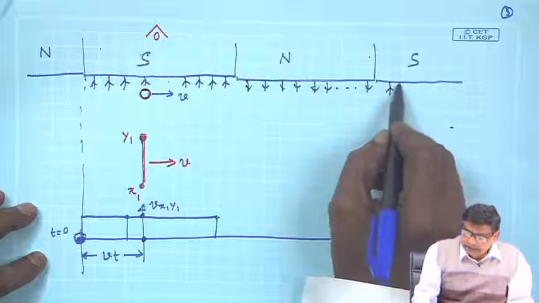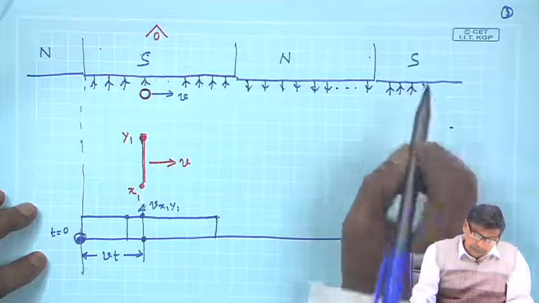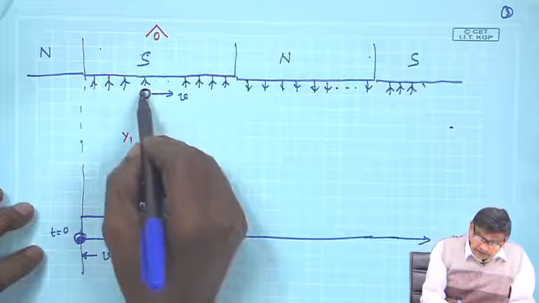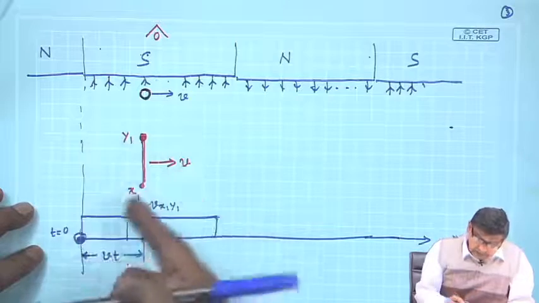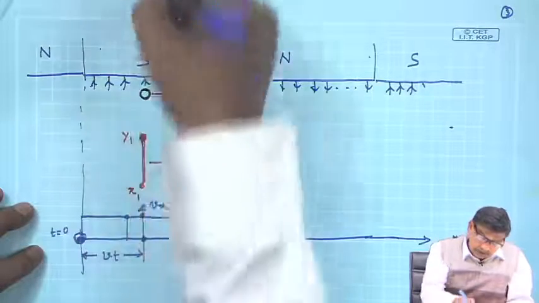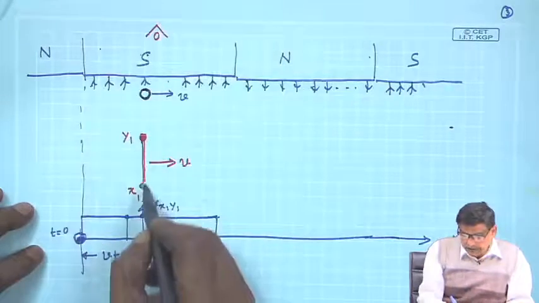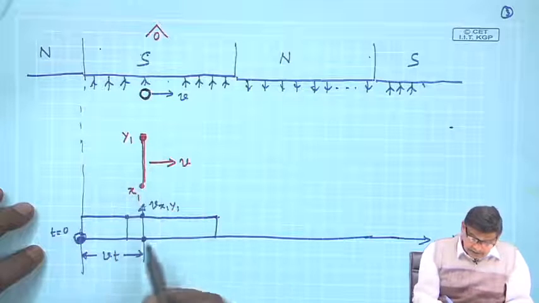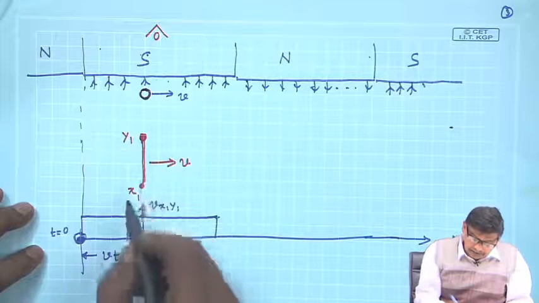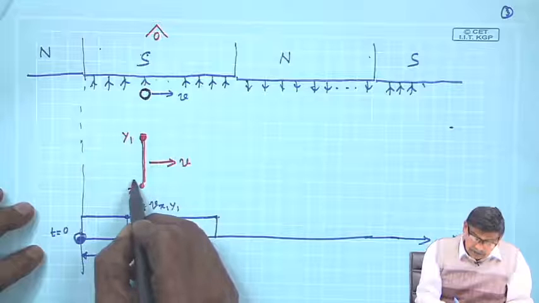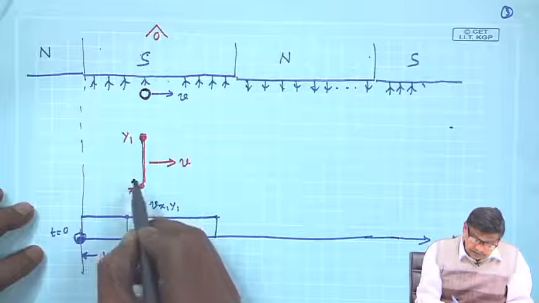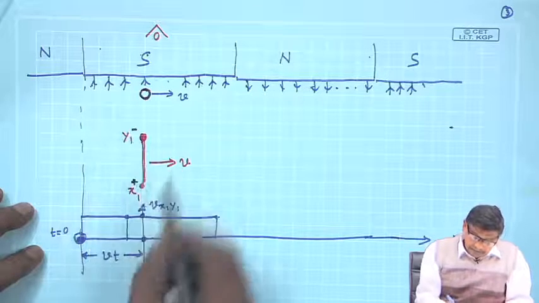The conductor is here with its x1 y1 terminals. I am looking from the top, so x1 y1 can be seen, and applying the right hand rule, I know this is plus, this is minus.